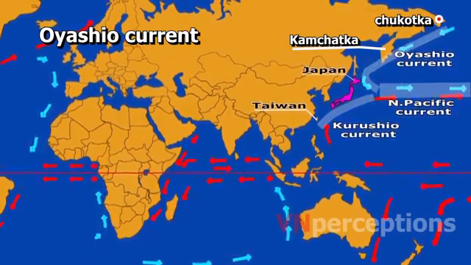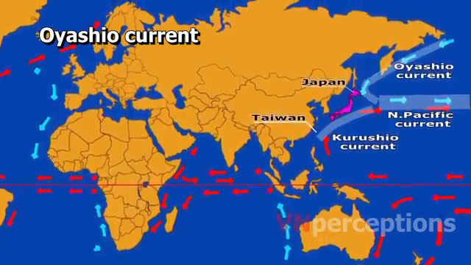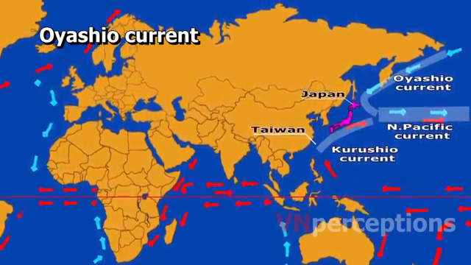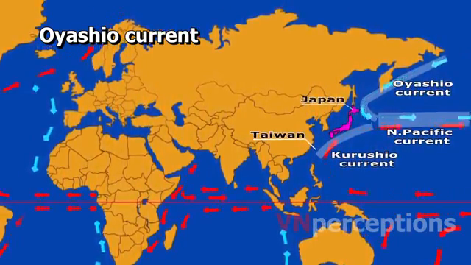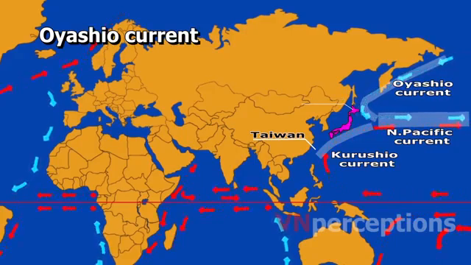The waters of the Oyashio current form probably the richest fishing grounds in the world owing to the extremely high nutrient contents of the cold water and the very high tides in some areas, which further enhance the availability of nutrients.